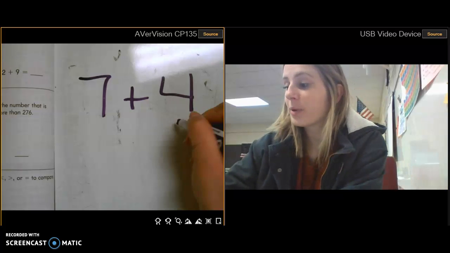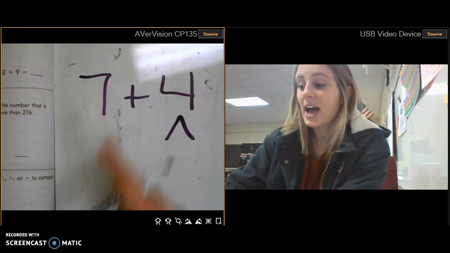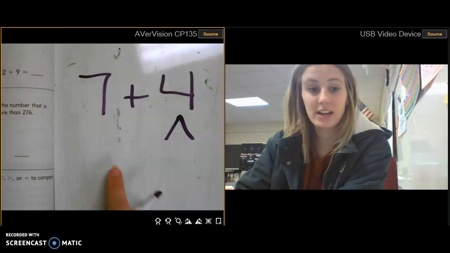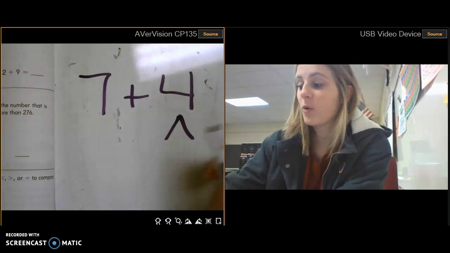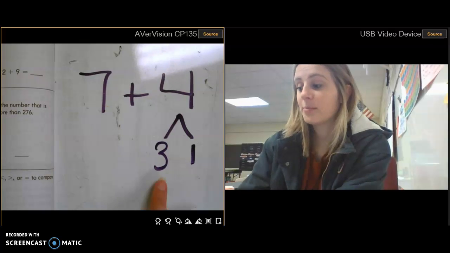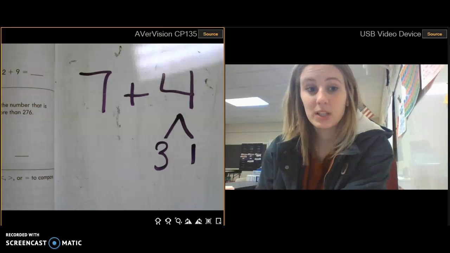We could also break apart just like this. We know that we need help adding our addend to make this 10. So we're going to split 4 into 3 and 1, because 7 plus 3 is 10. Now we can solve our problem a little bit easier.